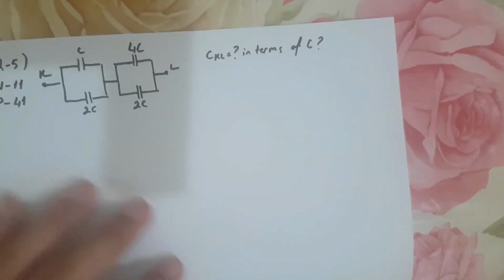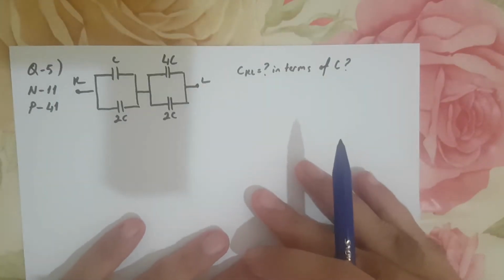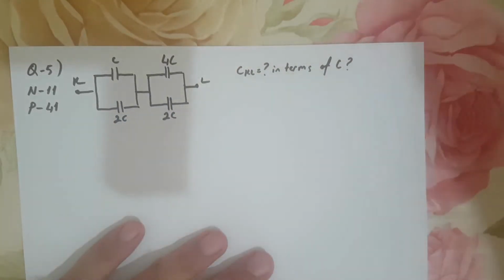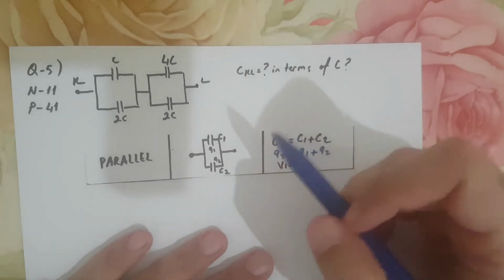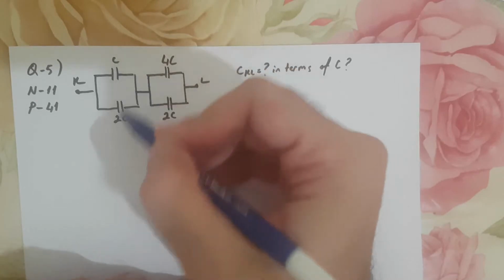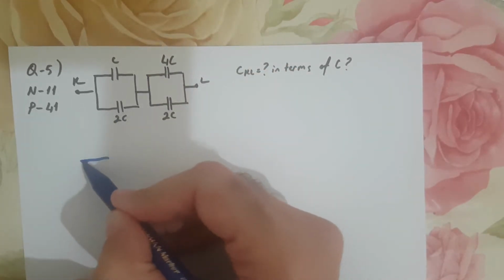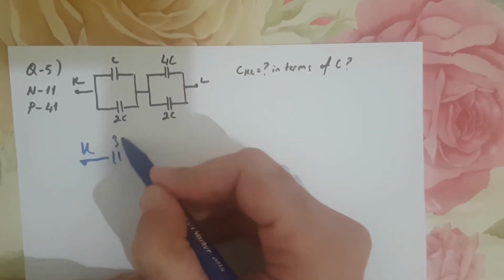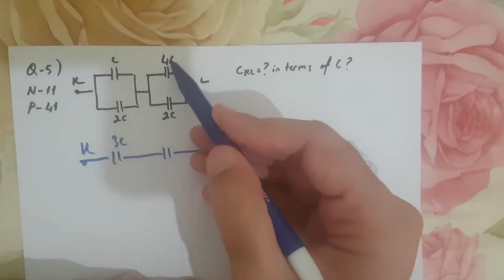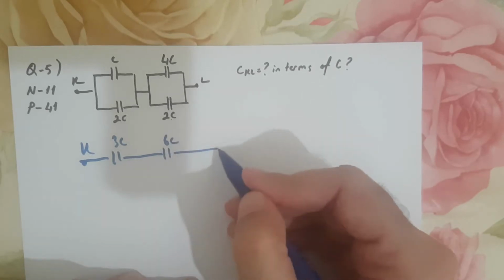So what about the next question you asked me? Okay, this one, what is the equivalent capacitance between K and L? It's easy. If they are parallel, we use C1 plus C2. So this one, C plus 2C becomes 3C, and this one is also the same, 4C plus 2C becomes 6C.